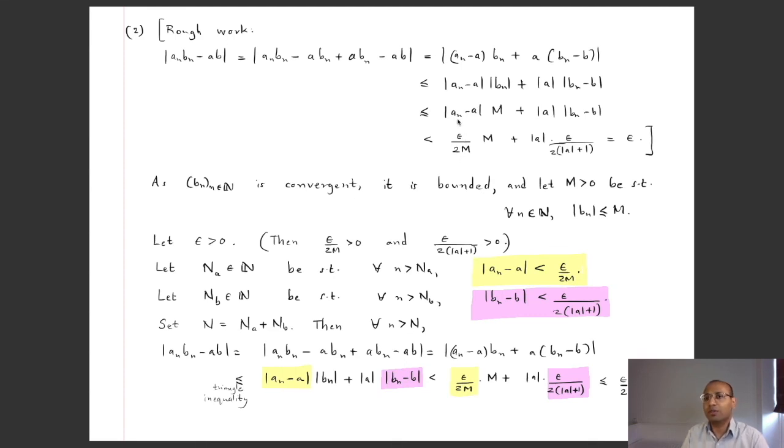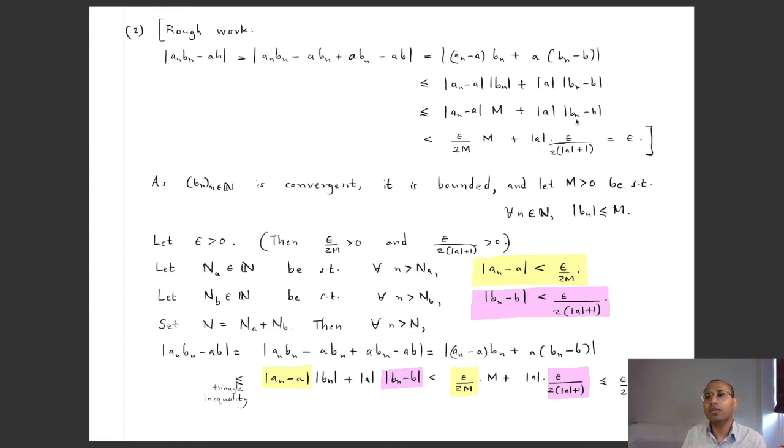Why not? After all, I know that the sequence is convergent to A, and so I know that given any positive number, in particular this one, there exists a large enough index such that beyond that, this thing is less than epsilon by 2m. And that's great, because then this m will cancel, leaving a contribution of epsilon by 2.